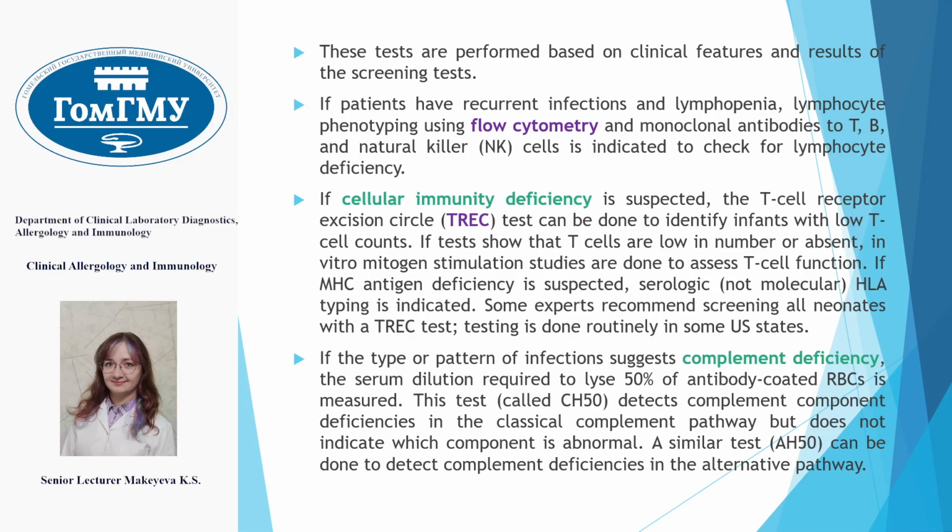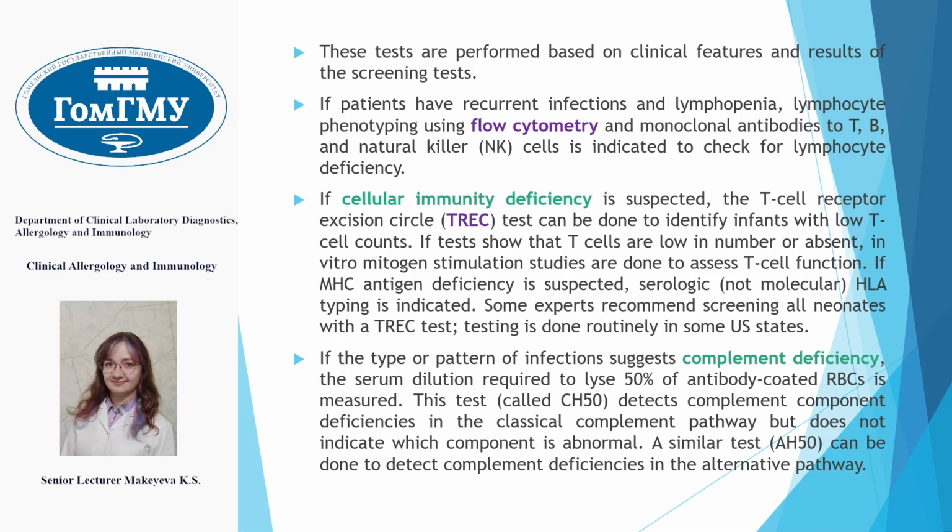If patients have recurrent infections and lymphopenia, lymphocyte phenotyping using flow cytometry and monoclonal antibodies to T, B, and natural killer cells is indicated to check for lymphocyte deficiency. If cellular immunodeficiency is suspected, the T-cell receptor excision circle test can be done to identify infants with low T-cell counts.